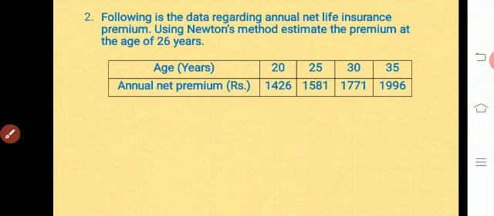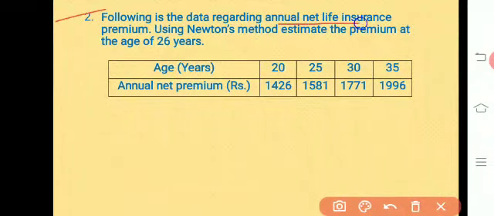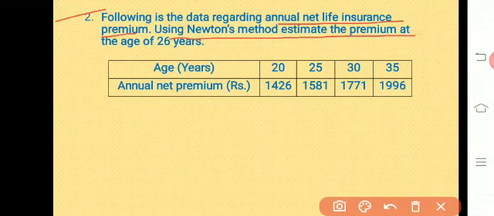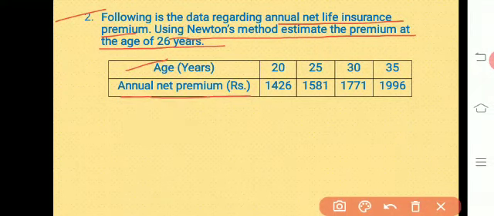Now let us come to the second question, that is, the following is the data regarding annual net life insurance premium. Using Newton's method, estimate the premium at the age of 26 years. And the data is given: age in terms of years and annual net premium in terms of rupees.